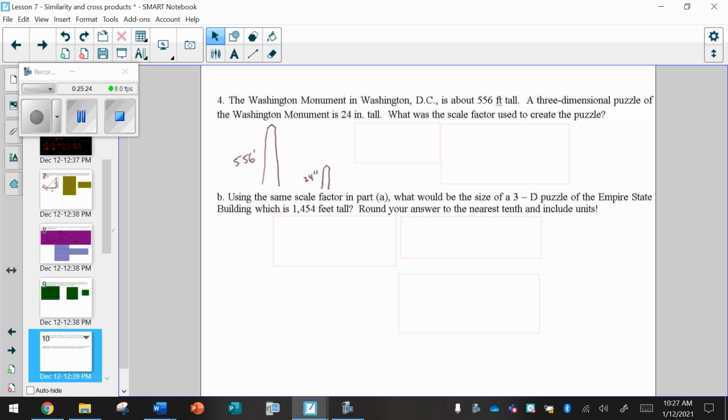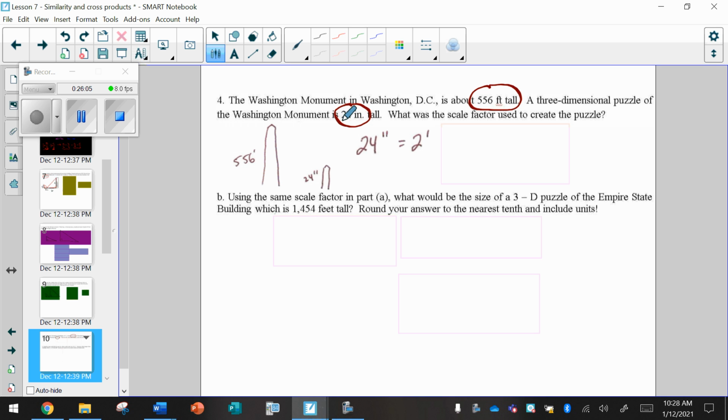But we also have to remember that our scale factor has to show a decrease in size from the original to the puzzle. Okay, so with those in mind, we know that 24 inches equals 2 feet because all of our units must match. So if our monument in real life is 556 feet tall, we either have to convert our monument height into inches or the puzzle height into feet, as long as it's all the same units.